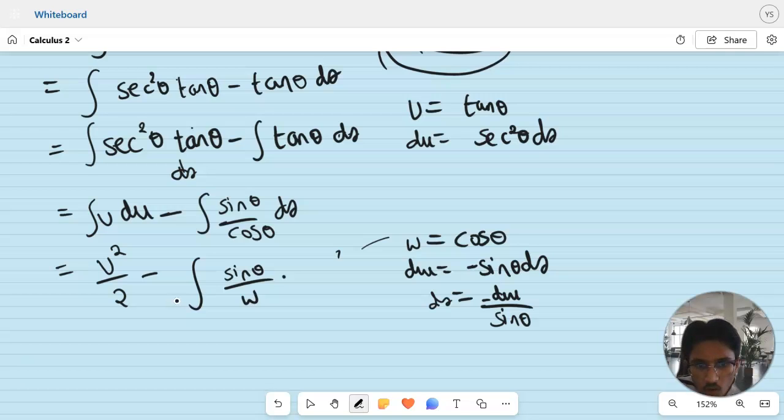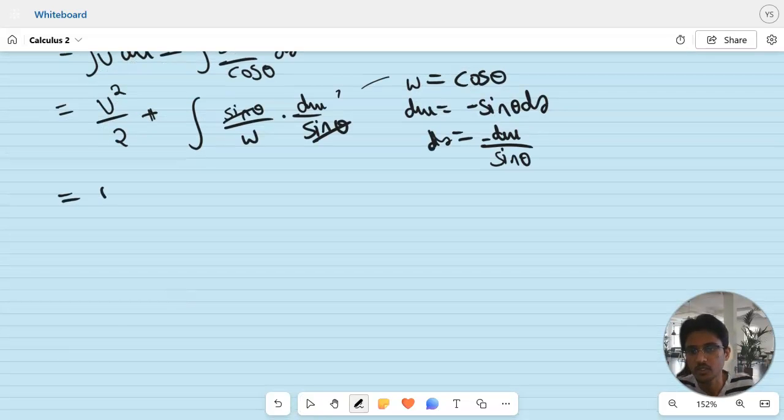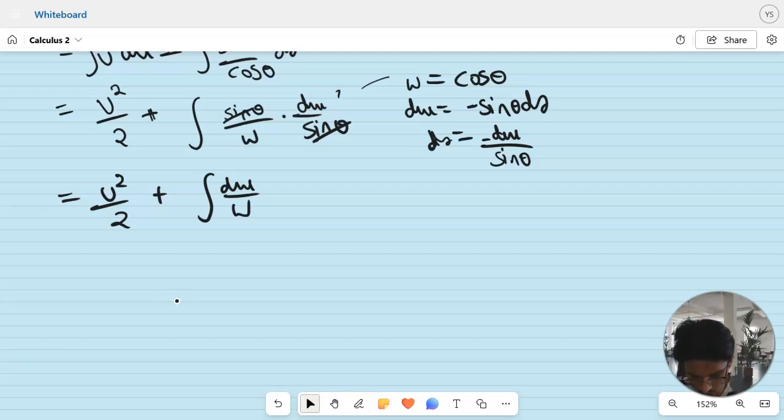So the negative is going to come outside, and when the negative comes outside, this is going to turn into positive. We're just going to be left with dw over sine theta, and we cross the sine theta out. So we're going to be left with u squared over 2 plus the integral of dw over w.